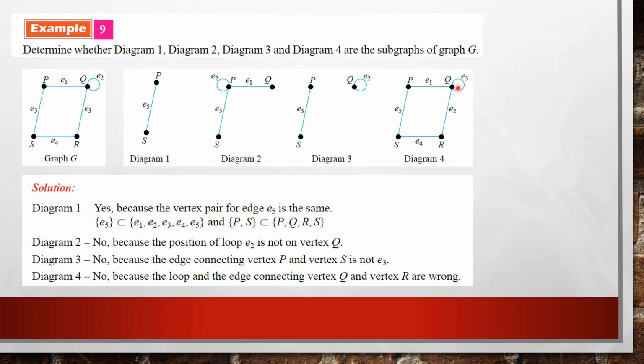The edge that connects Q and R is labeled as E2, but in graph G, it is labeled as E3. So diagram 4 is also not the subgraph of graph G because the loop and the edge connecting vertex Q and vertex R are wrong. So subgraph means it is a part of the graph.